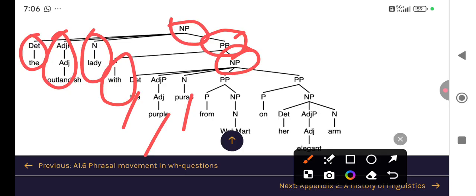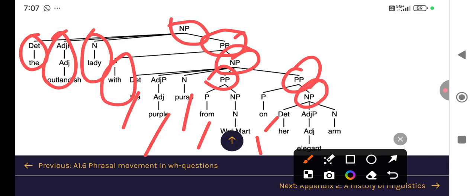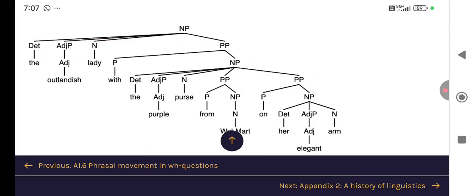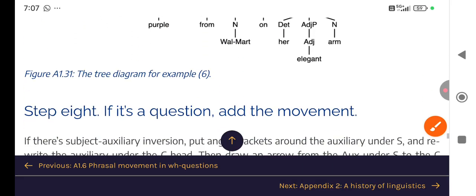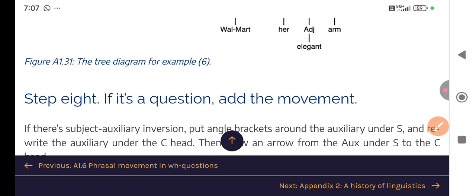Then again prepositional phrase, that's from Walmart. Then on her, so on is a preposition. So again prepositional phrase, her elegant arm, that is her elegant arm is a noun phrase. So this is the biggest one, but yeah, very good. Very well they have explained.